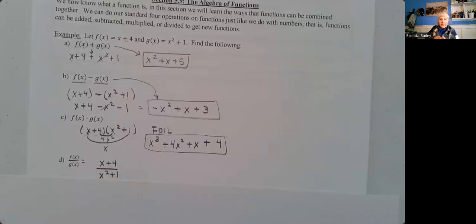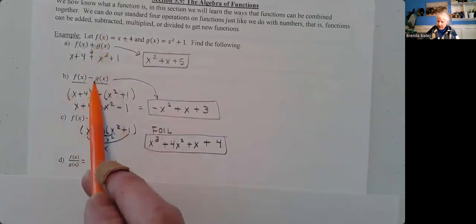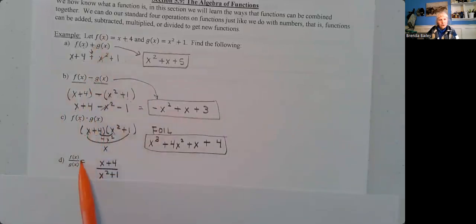Now, we're not reducing these. You can't reduce this one. And later in one of the chapters, we'll be reducing fractions, but in this case, it can't be reduced. So chances are you won't be doing reducing much in this section. So those are our answers. We added, subtracted, multiplied, and divided functions.